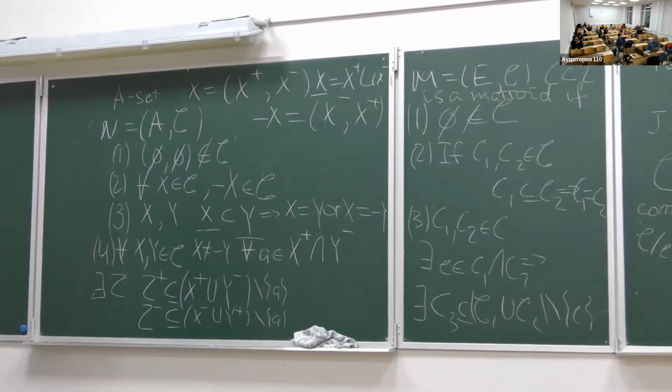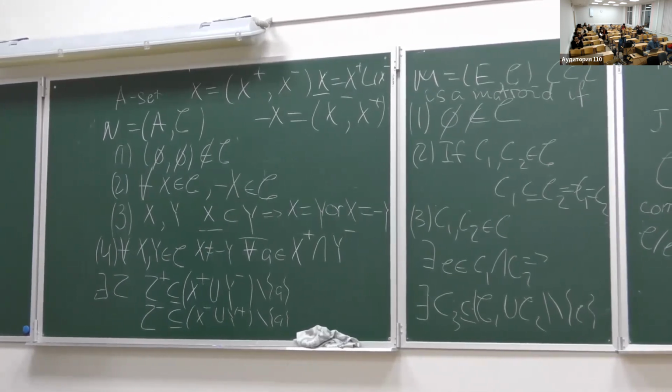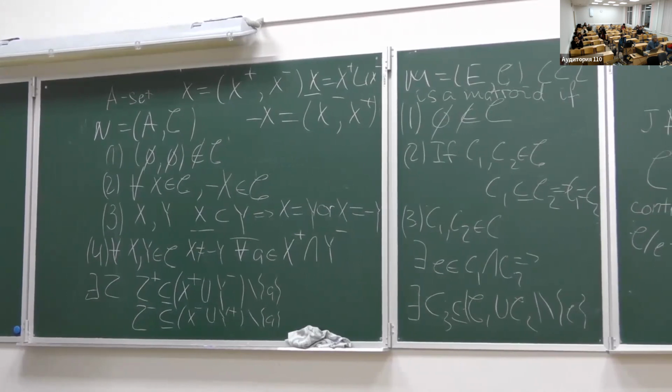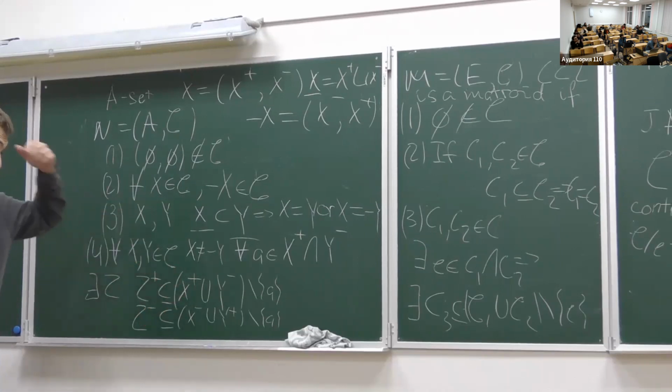I want to say a few more words about the last one. We have pairs X plus, Y minus and X minus, Y plus, but we know that if a set is a circuit, then its opposite is also a circuit.